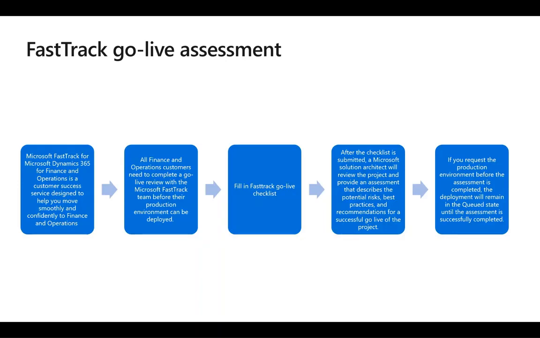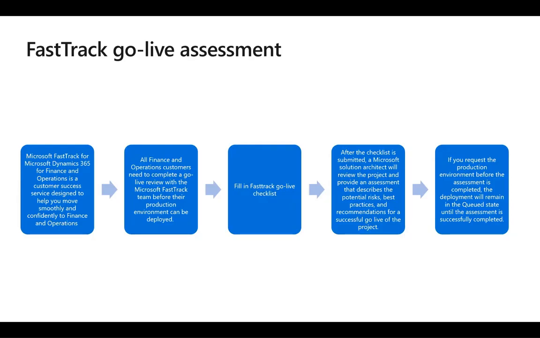About 8 weeks before go-live, the Fast Track team will ask us to fill out a go-live checklist. If we have 150 or more seats and a Microsoft solution architect is assigned to our project, the solution architect will contact us. If we have 20 to 149 seats, the checklist will be sent to us via email.